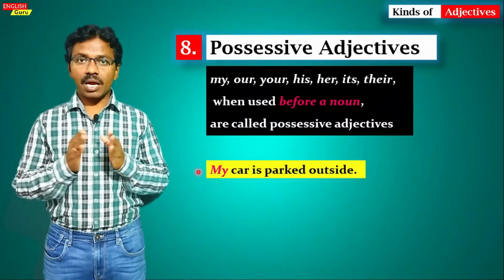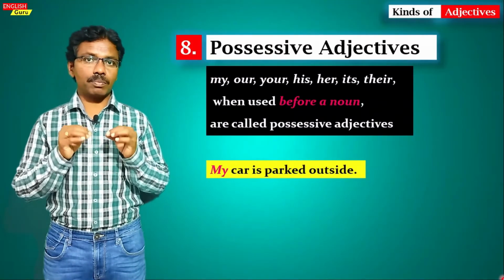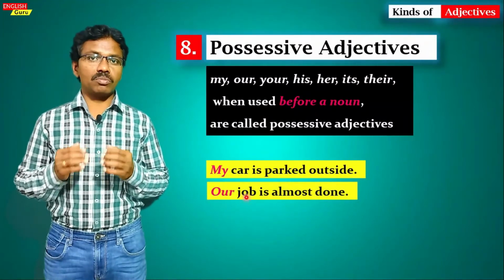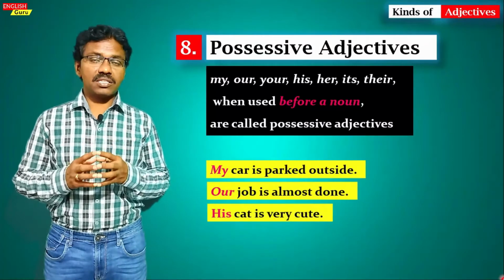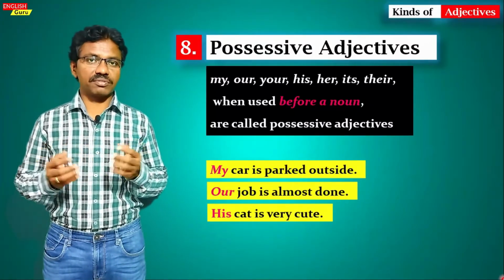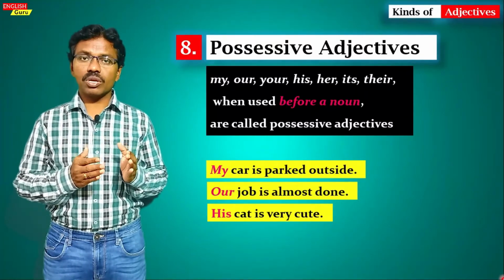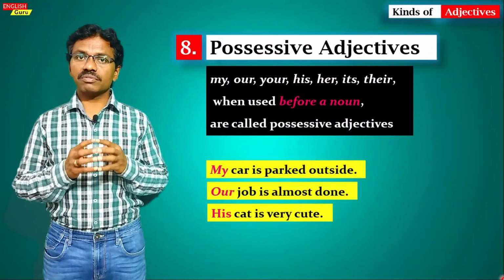Car is a noun, and my is used before it, so my is a possessive adjective. "Our job is almost done." Our is a possessive adjective. "His cat is very cute." His is a possessive adjective. So possessive adjectives come before nouns and qualify the nouns.